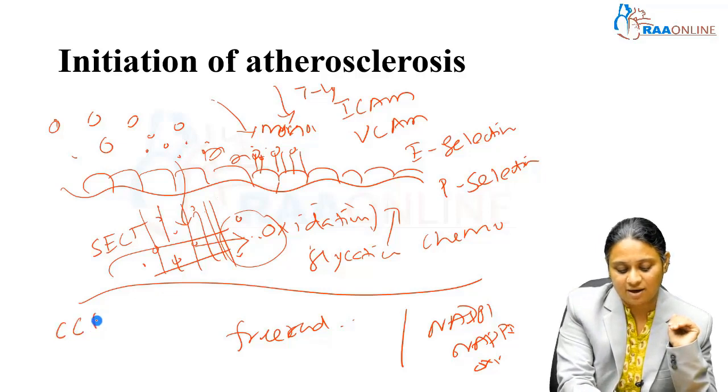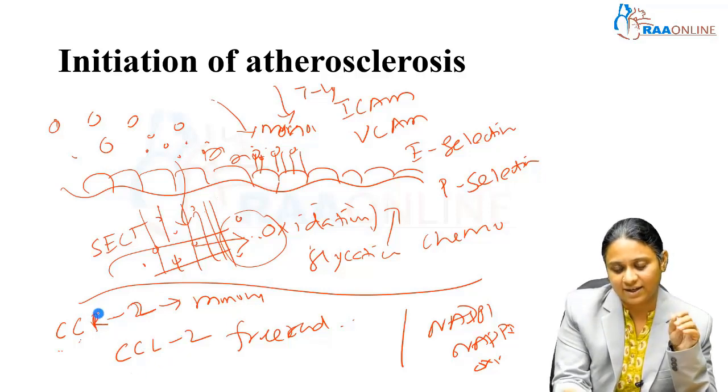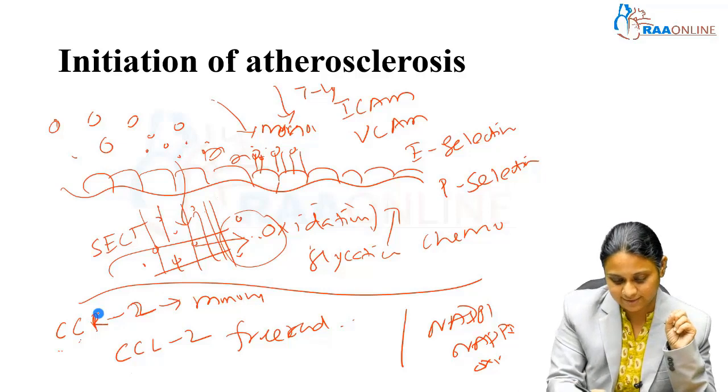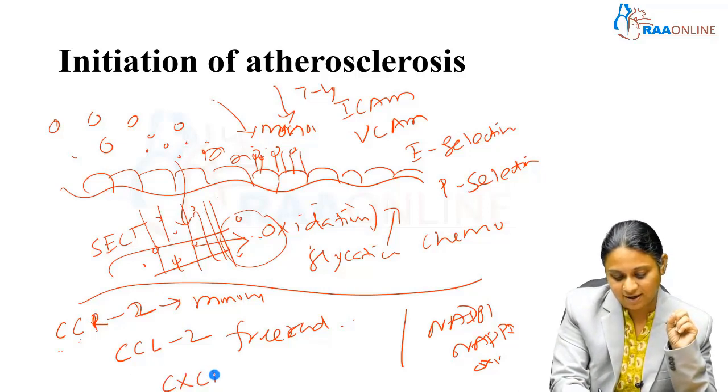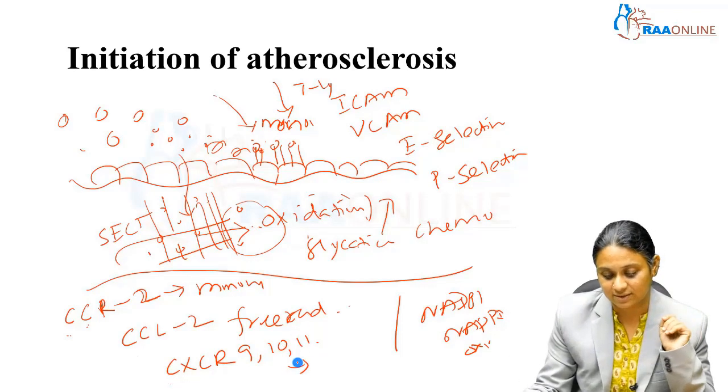Initially CCR2, that is C-C chemokine receptor 2, calls for monocytes, which have the surface ligand CCL2. So, receptor and ligand bind together and they call inside. While CXCR 9, 10, 11 call for T lymphocytes.